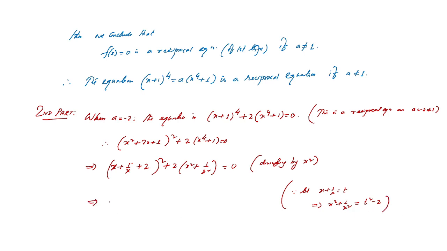Just we put here, that will be (t + 2)^2 + 2(t^2 - 2) = 0. And from this we can write 3t^2 + 4t = 0. So what is the value of t? t = 0, -4/3.